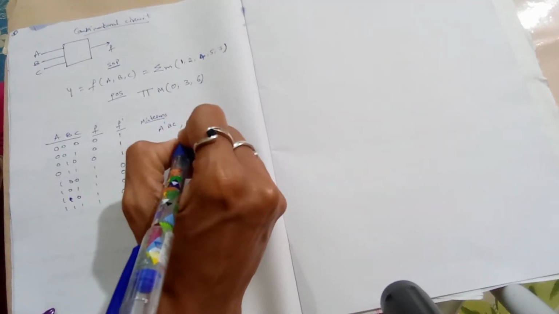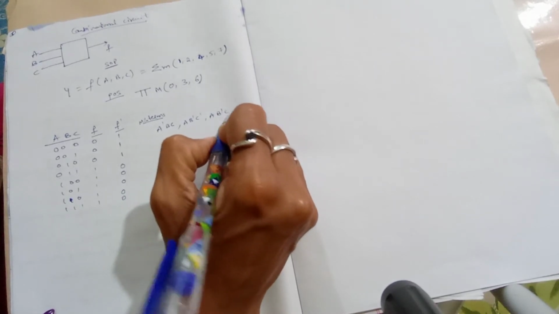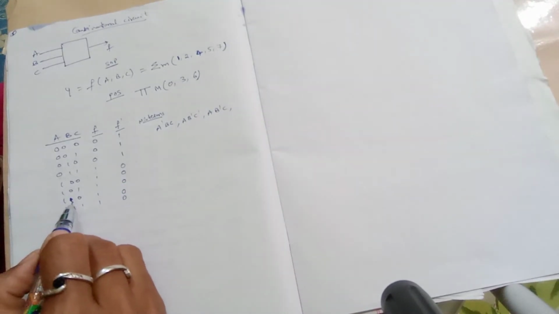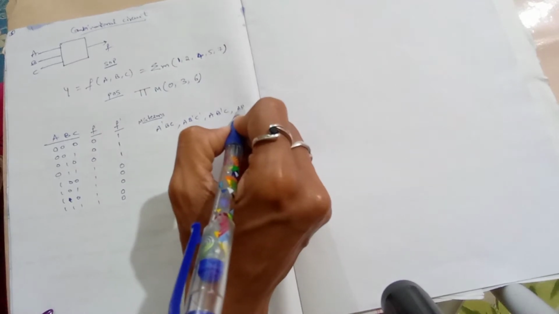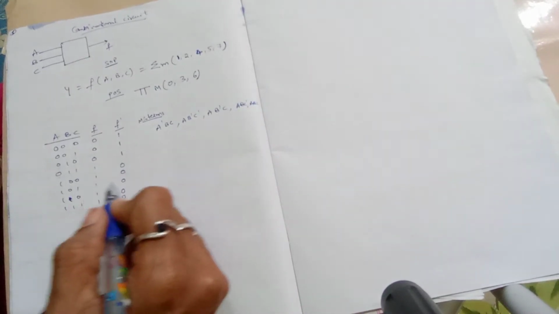So it is written as A bar B C, comma, next one A B bar C bar, next A B bar C, next one A B C bar, and last A B C. These are all the min terms.